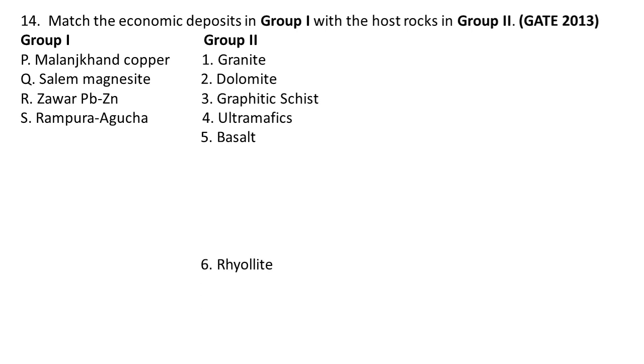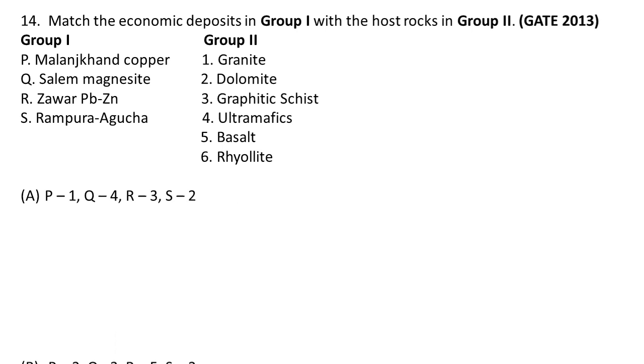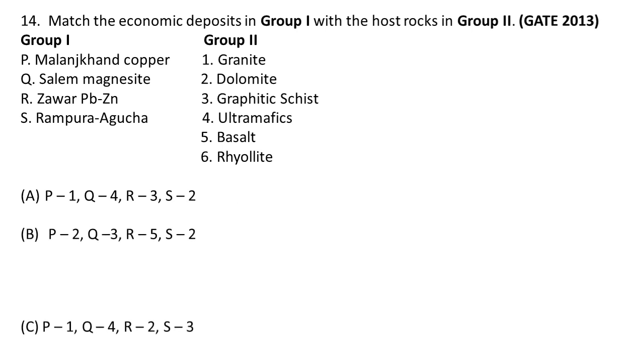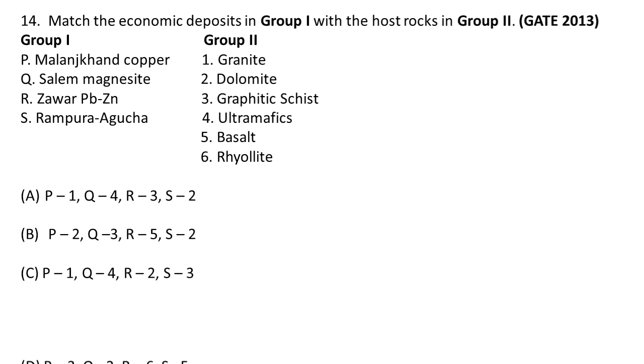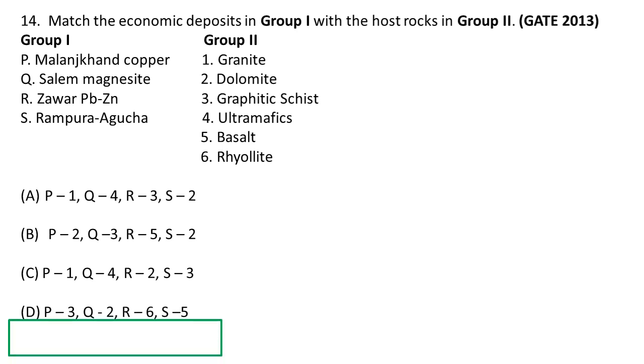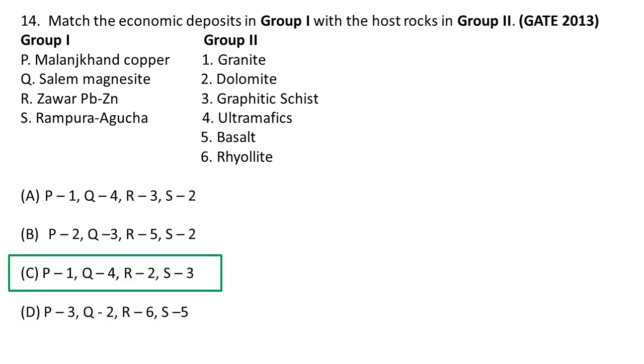The options are A P1 Q4 R3 S2, B P2 Q3 R5 S2, C P1 Q4 R2 S3, and D P3 Q2 R6 S5. The correct option is C.